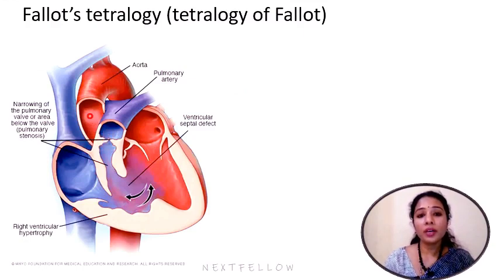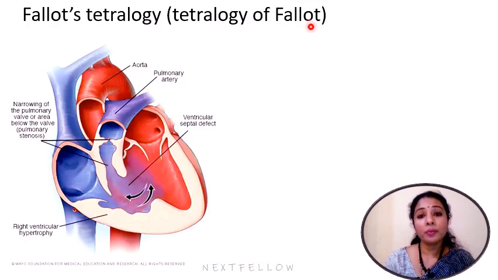Then overriding of aorta, displacement of the aortic orifice to the right, so that it overrides the interventricular septum. And then VSD, that is ventricular septal defect, where we can see mixing of oxygenated and deoxygenated blood.